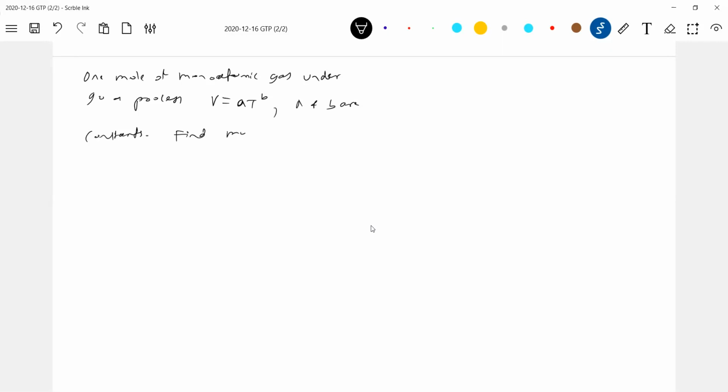Find the molar heat capacity of the given gas. Look at it now, the volume is related to temperature like this. So he's asking for an expression for the molar heat capacity.